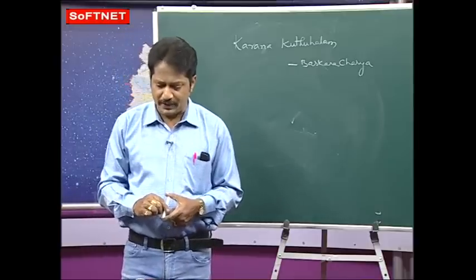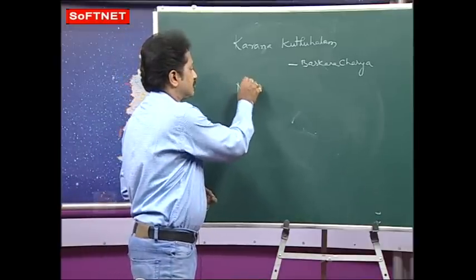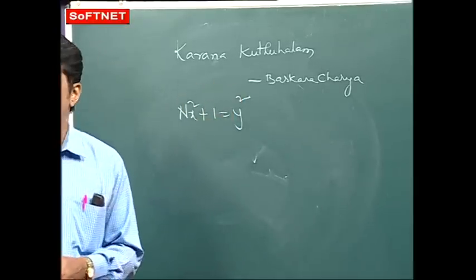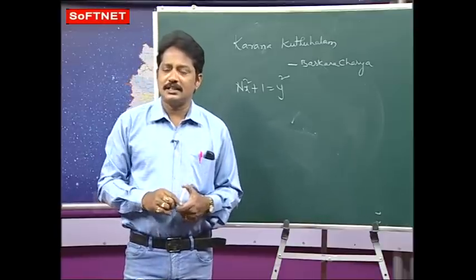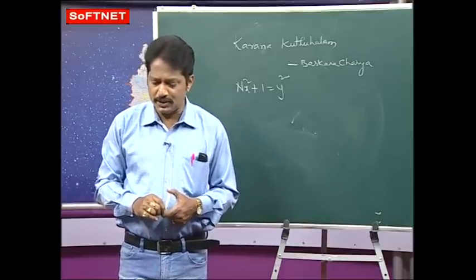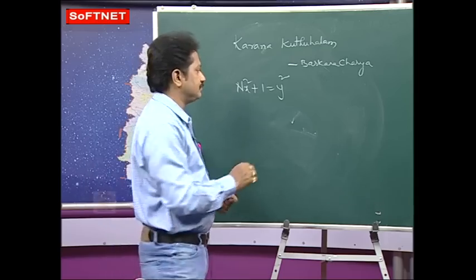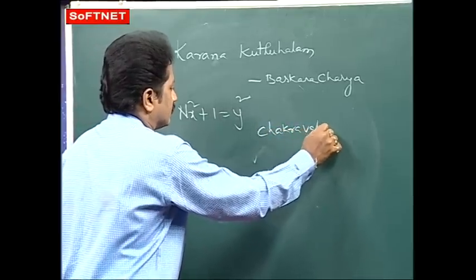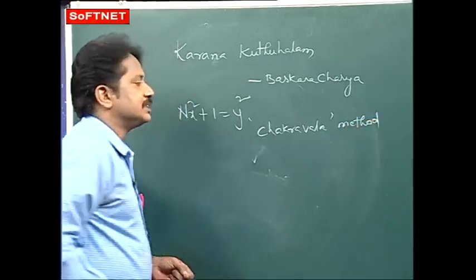Clear? And there is an equation called nx square plus 1 is equal to y square. If you want to solve this equation, we have to use one method called the Chakravala method. This is the most important.